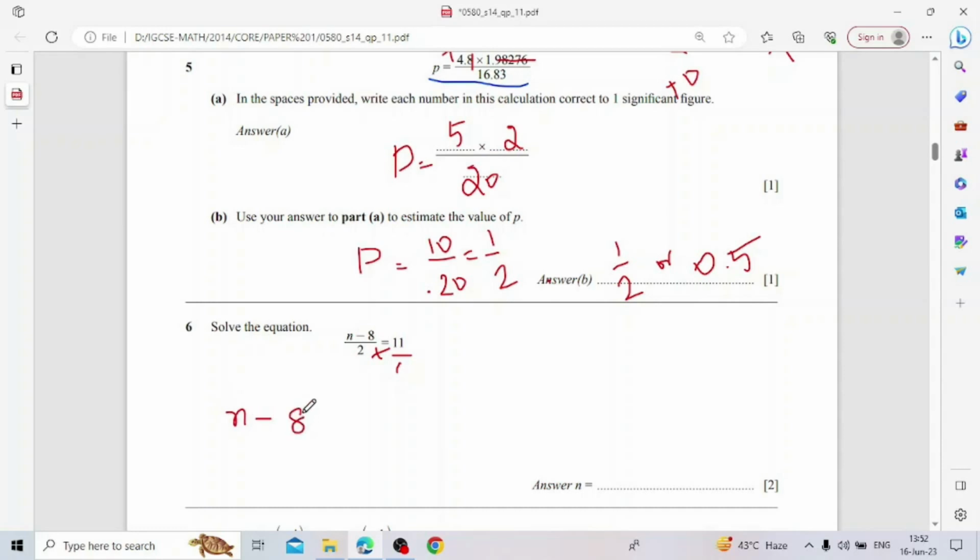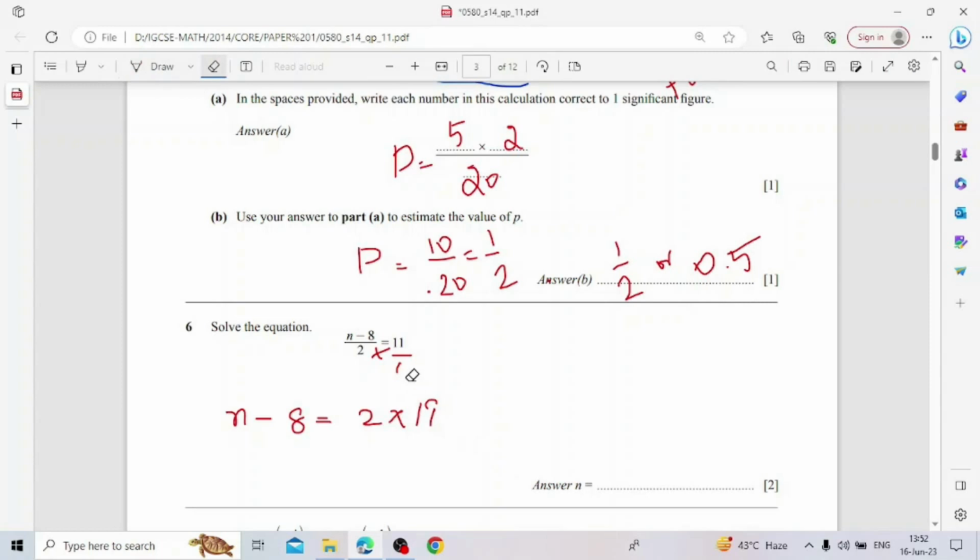n minus 8 is equal to 2 times 11. Okay, 2 times 11. Just let me remove this. I'll erase this. Okay.